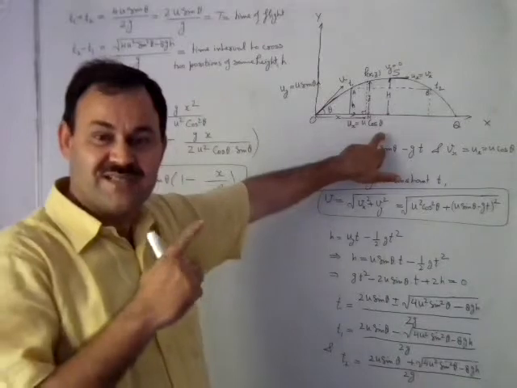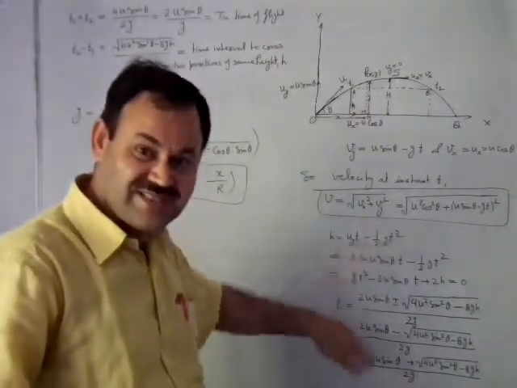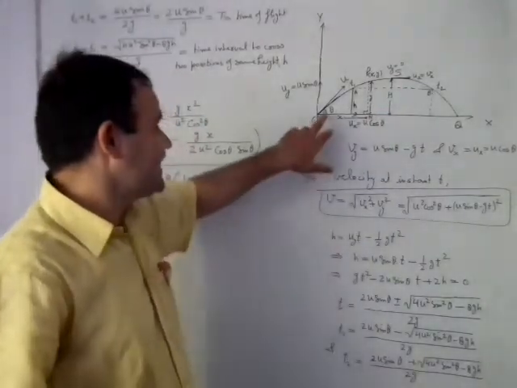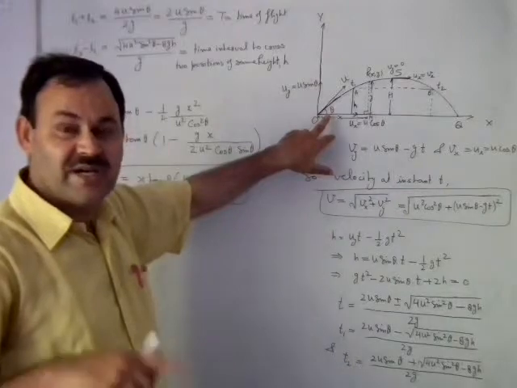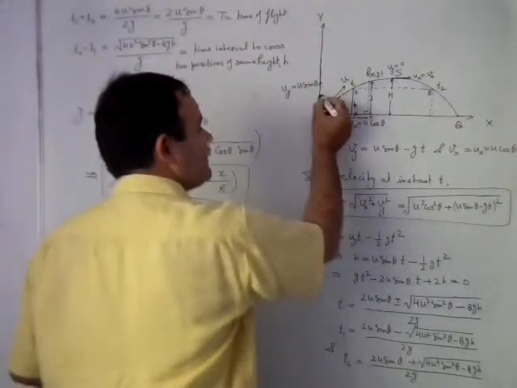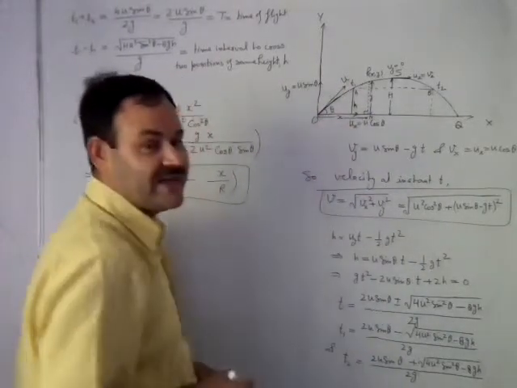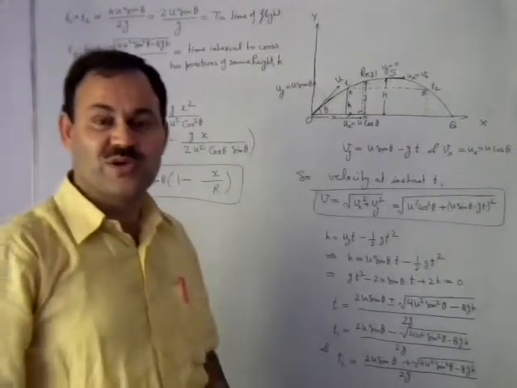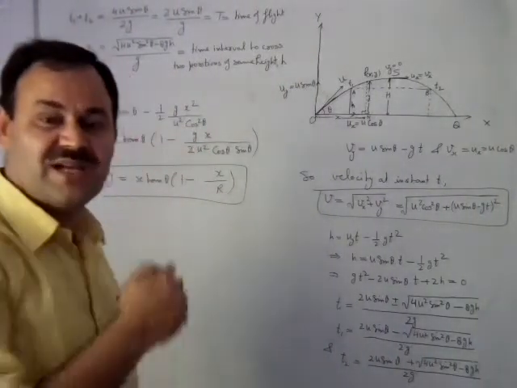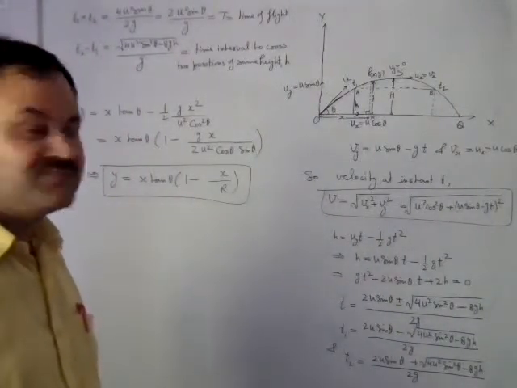Either we interchange these two components and proceed in the same manner to find all these equations, or we can directly put 90 minus theta in place of theta, because if theta is given from vertical, then this angle will become 90 minus theta. So we can replace theta in all these equations by 90 minus theta.